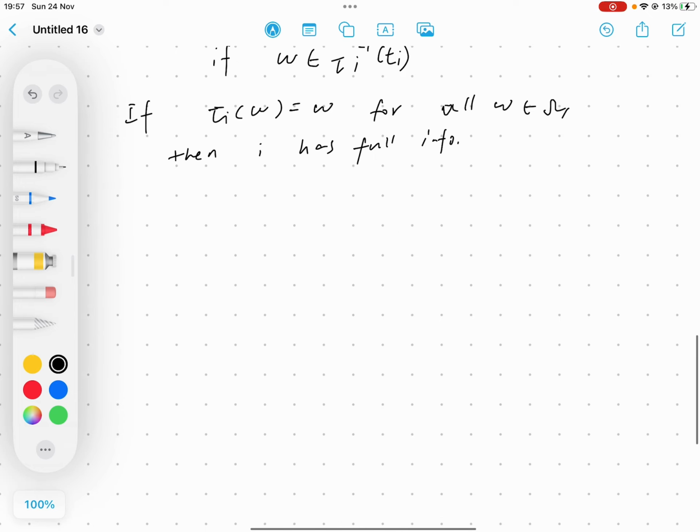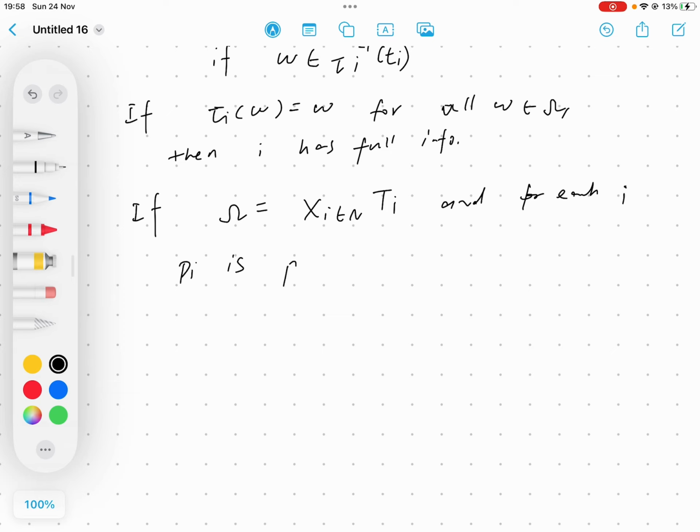Alternatively, this is also useful. If omega is the cross product of all those Ti's, and for each player i the probability measure pi is a product measure on omega, and we also have this fully revealing signal, then players' signals are independent. This is also a useful result.